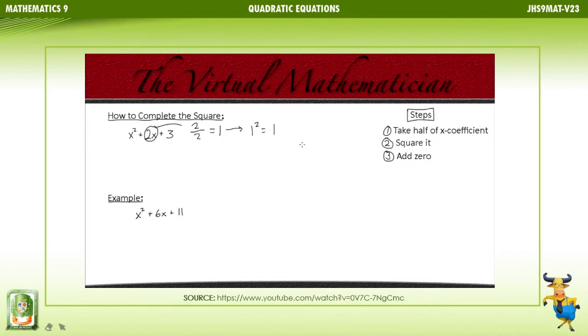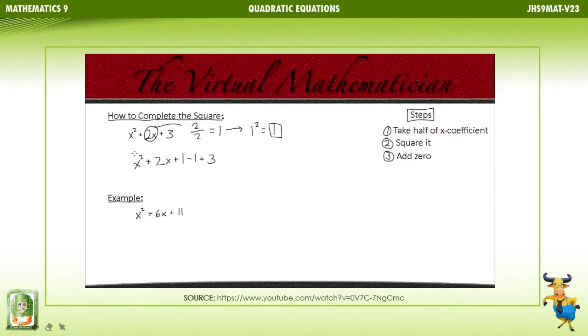Now we have to add 0. What I mean by that is we're going to rewrite our polynomial, but we add this number we found, in this case 1, and subtract it, effectively adding 0 and not changing the problem. So we have x squared plus 2x plus 1 minus 1 plus 3.